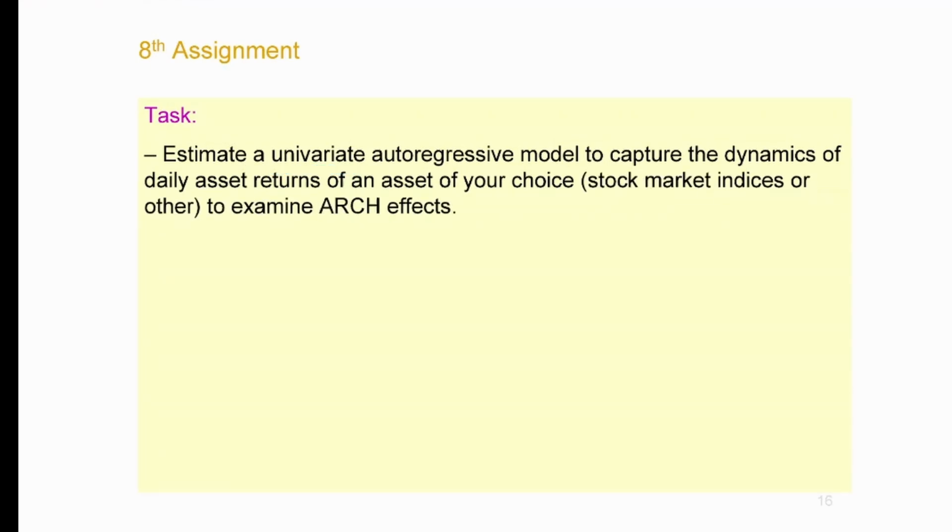Most of the time, stock market indices are used to examine ARCH effects, but I want to be more specific, guys. Stock market returns, or returns of stock market indices. So I'm talking about the returns, not the prices or the indices themselves. Okay? So that's what you would need to look at.